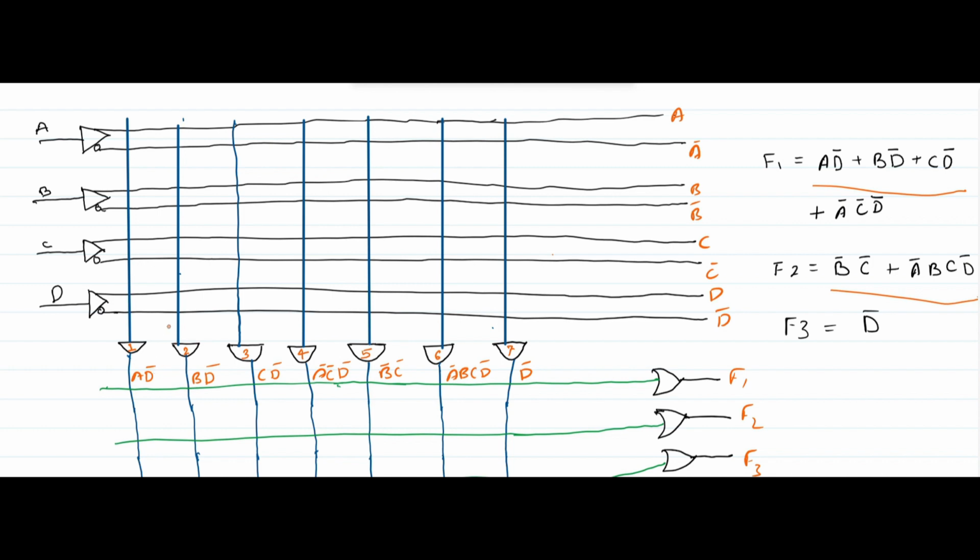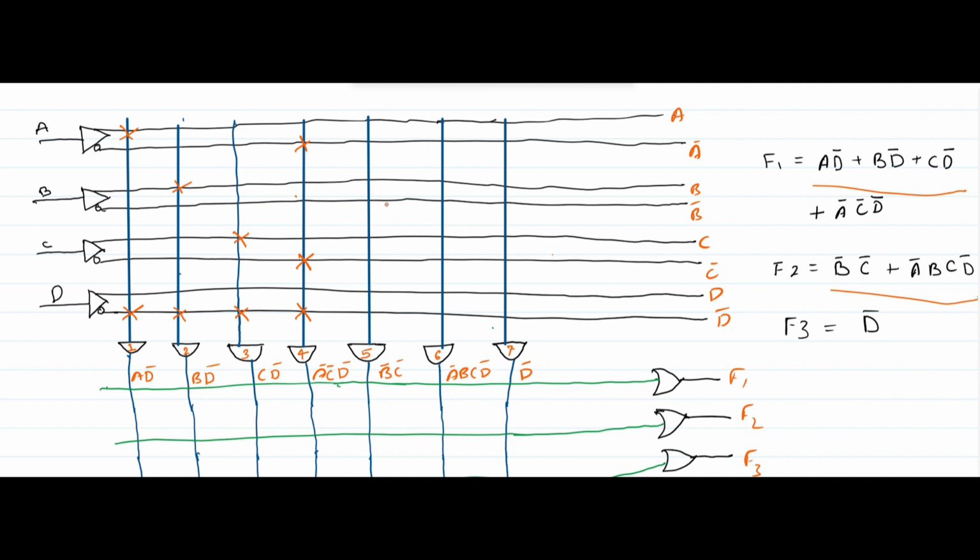Now how to get these things? Here a d bar is there, so a and d bar will be connected to this; b d bar, b and d bar will be connected; c d bar, c and d bar will be connected; a bar c bar d bar, so a bar, c bar and d bar.